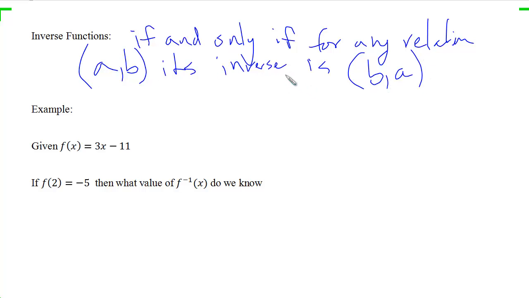So the inverse of a relation is simply flipping the coordinates. If it were (x, y), that would be (y, x).